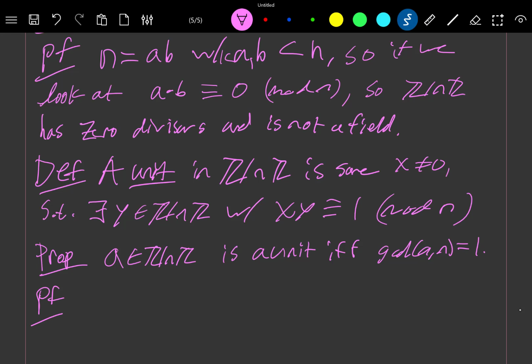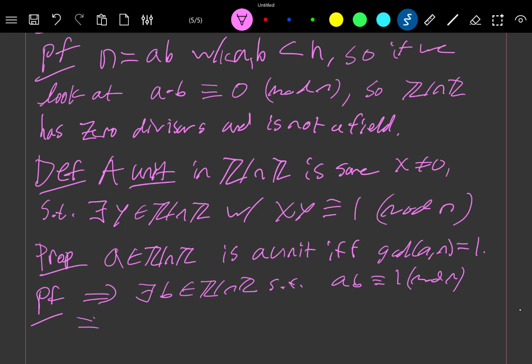The proof of this: if we're a unit, the forward direction, if a is a unit, there exists some b in Z mod nZ such that a times b is 1 mod n.